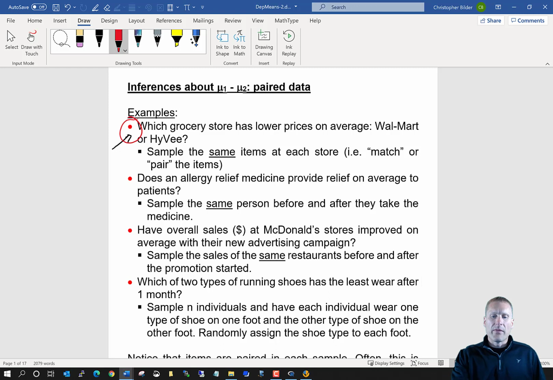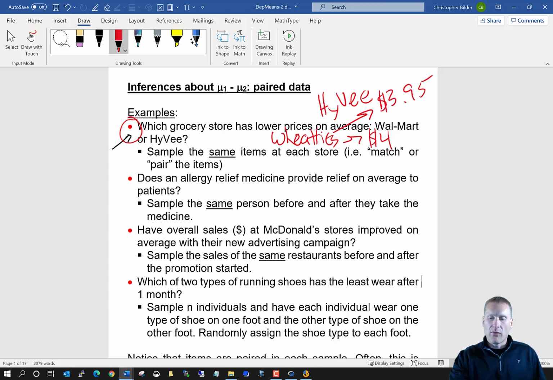So for example, let's say you go to Walmart and get a box of Wheaties, and maybe it's $4. Then you go to Hy-Vee and get the exact same type of item, again Wheaties, and it is, let's say, $3.95. So $4 at Walmart for Wheaties, $3.95 at Hy-Vee for Wheaties.